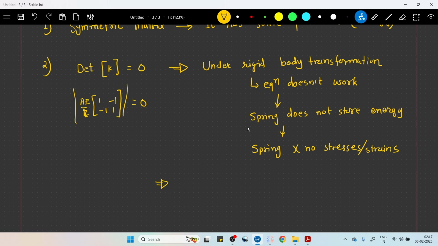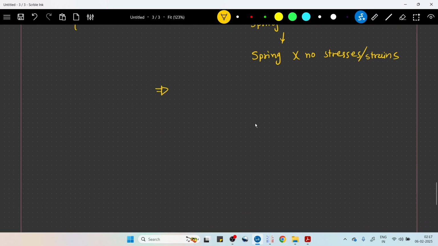For example, if I take the same 1D bar element, with node 1 and node 2, and I apply a force here, let's take it as 10 Newton.